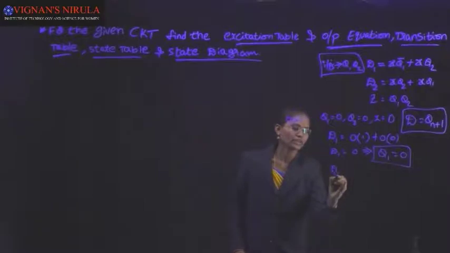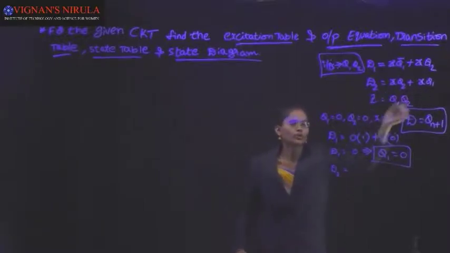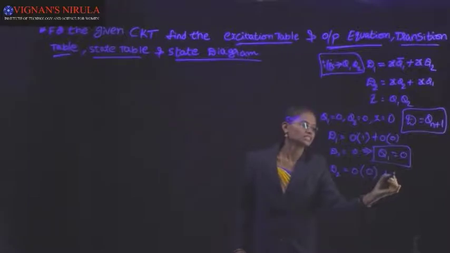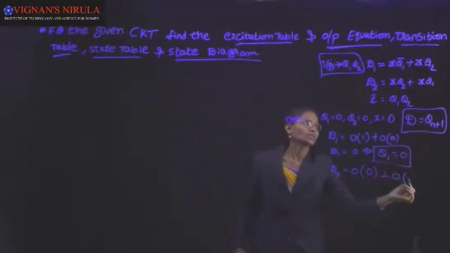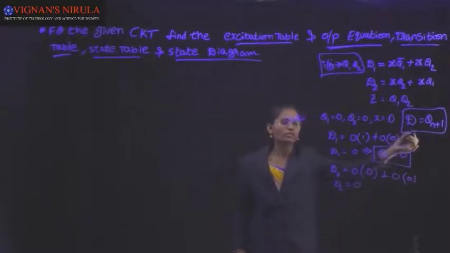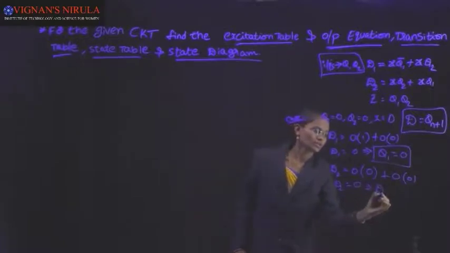Okay, so find out D2. Here the D2 equation is X into Q2 plus X into Q1. Here X is considered 0 into Q2 is 0, plus X is 0 and Q1 is 0. Here also 0 plus 0 is 0. By the characteristic equation D equal to next state, D2 equal to Q2.